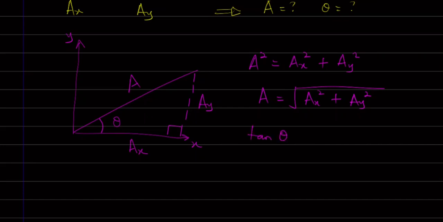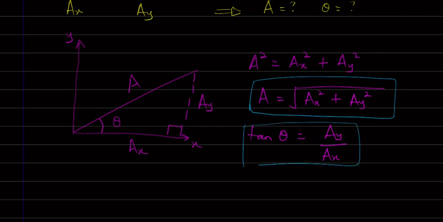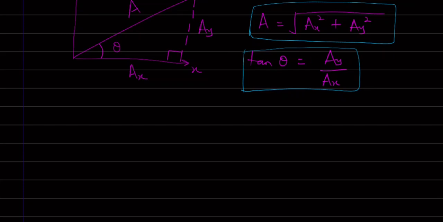Since we are given AX and AY, tan theta becomes opposite, which is AY, over adjacent, which is AX, since it is with the horizontal. So we use this to find the direction of the vector, while to find the resultant vector, which is the original vector, we use the Pythagoras formula. Let's look at one or two examples to buttress this.